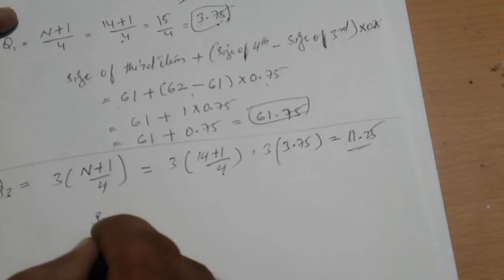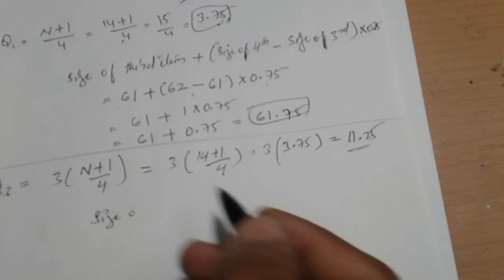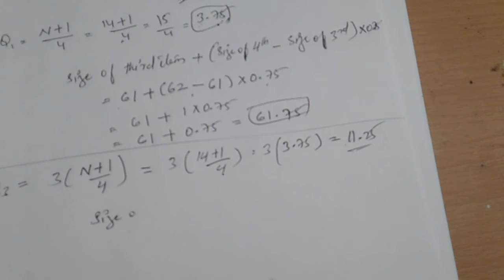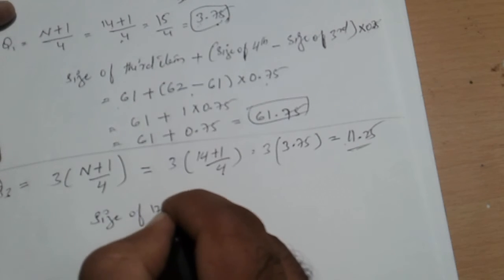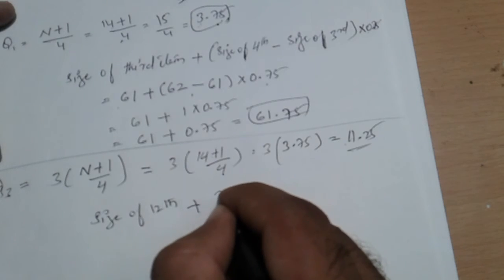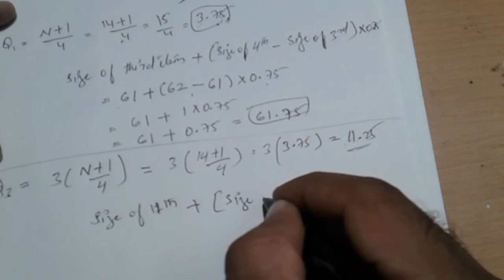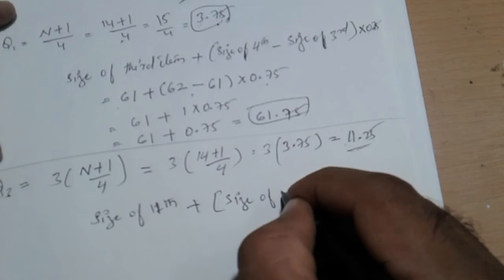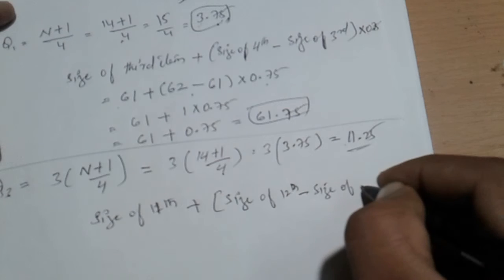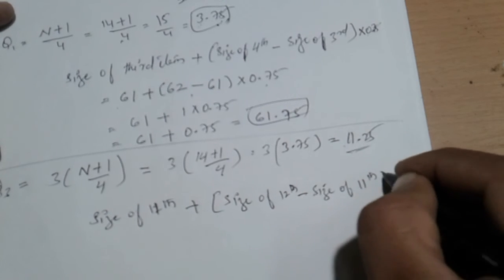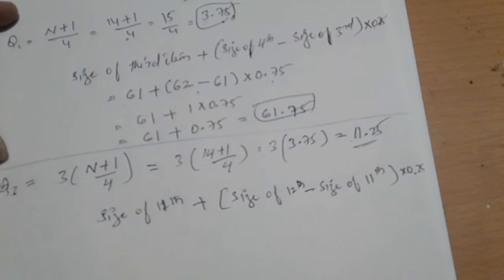In quartiles we should take it like this, for individual, discrete and continuous: size of the 11th item plus, in the bracket, size of the 12th item minus size of the 11th item, into 0.25.